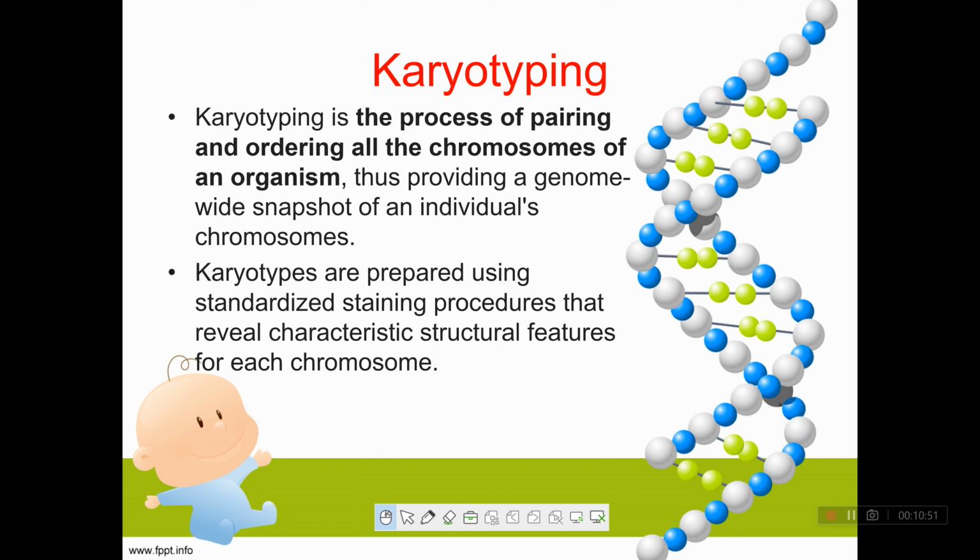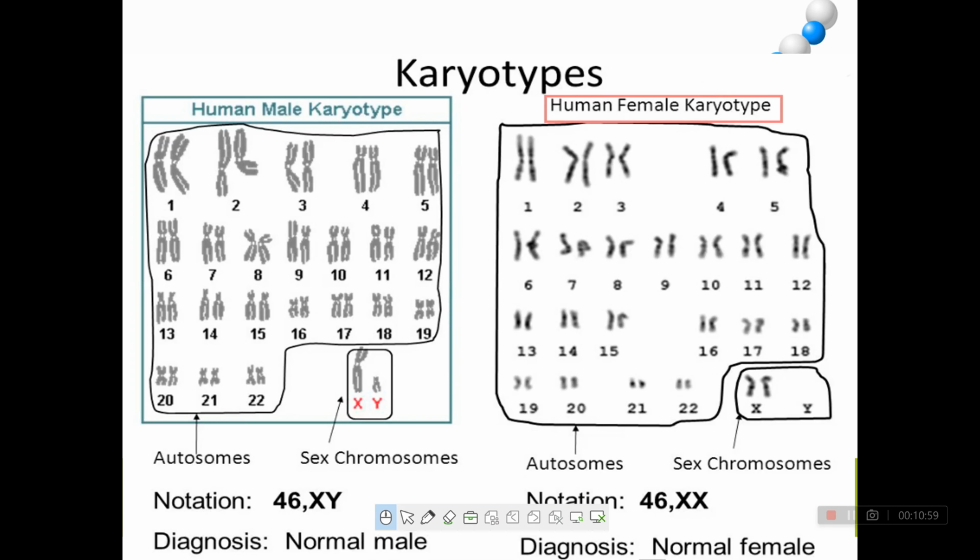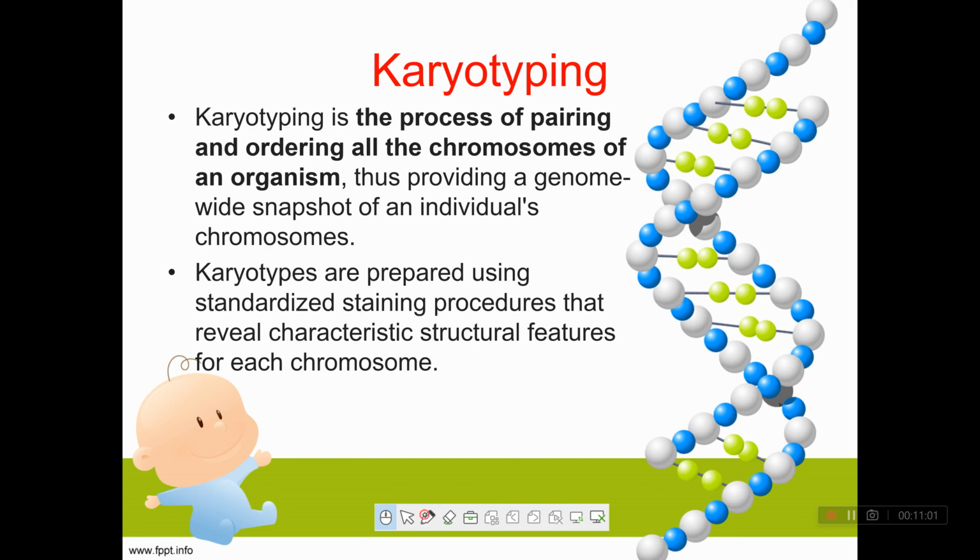Suppose a human has 46 chromosomes, 23 pairs of chromosomes, right? Of these 23 pairs, 22 are autosomes and 1 pair is the sex chromosomes, right?